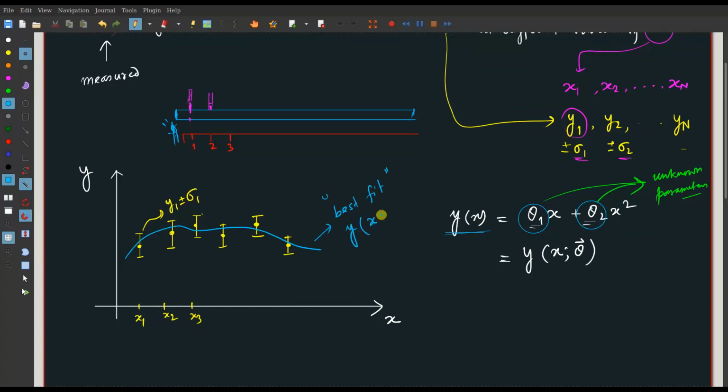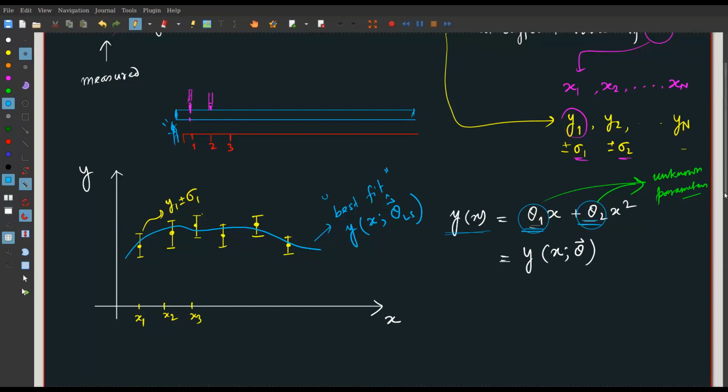Basically this is y of x with chosen values of theta that I call the maximum likelihood estimate of theta, and if I plug these values of theta into this functional form, I get the best fit. Now, the method of least squares is just a systematic way of how we obtain these best fit values of theta 1 and theta 2. So hopefully the statement of the problem is clear to you.